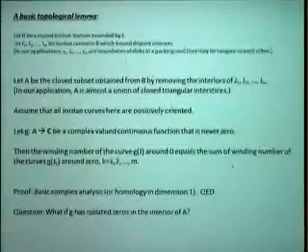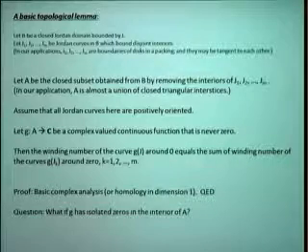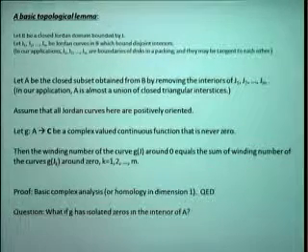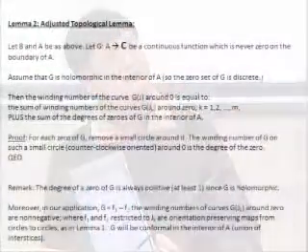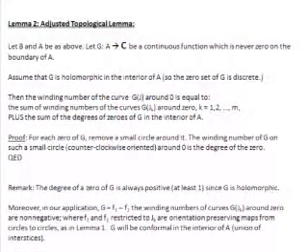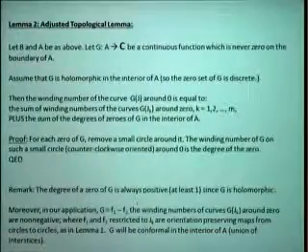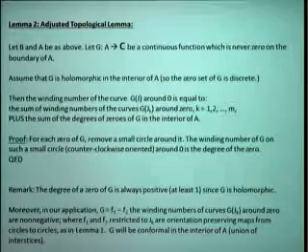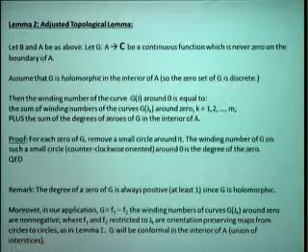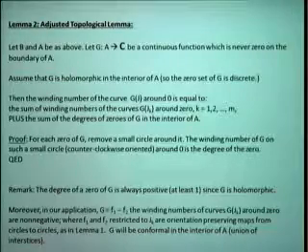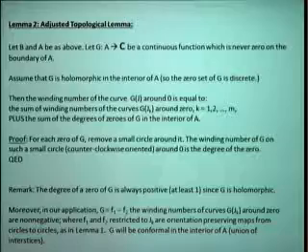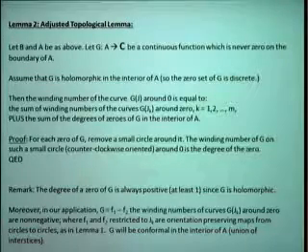Now what if G has some isolated zeros in the interior of A? Then you have to add to this sum the degrees of G at those isolated zeros. That's what I call the adjusted topological lemma. So the winding number around 0 is equal to the sum of winding numbers of the smaller curves plus the sum of degrees of zeros in the interior of A. And in our application, G is going to be holomorphic, so the degree of a zero is always positive, at least 1.